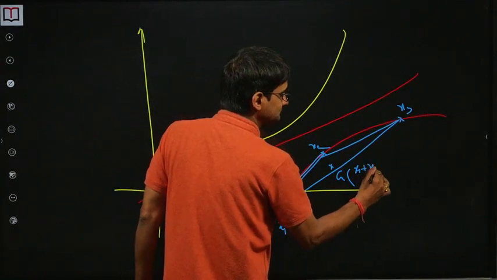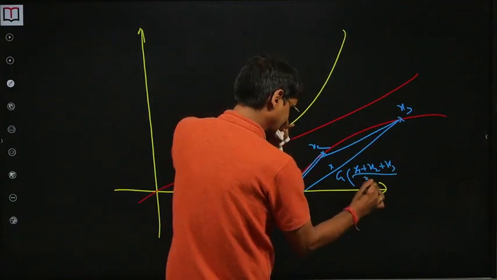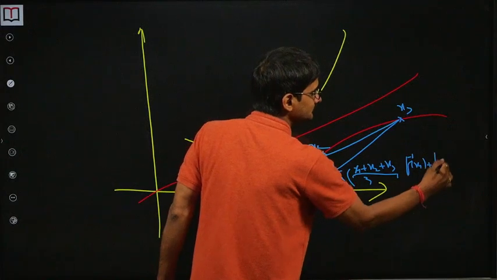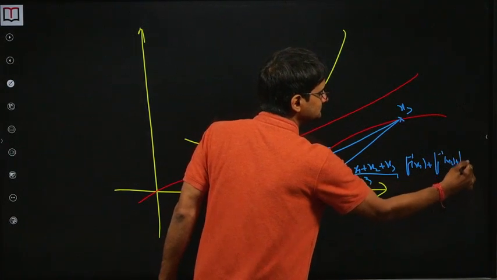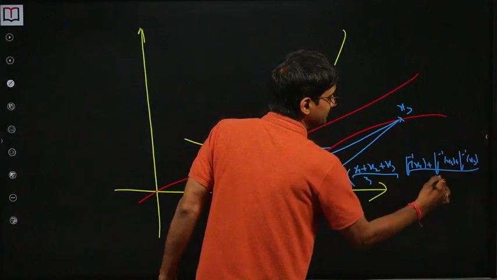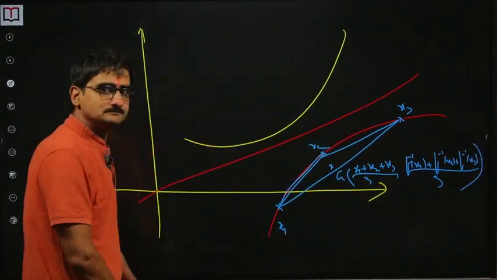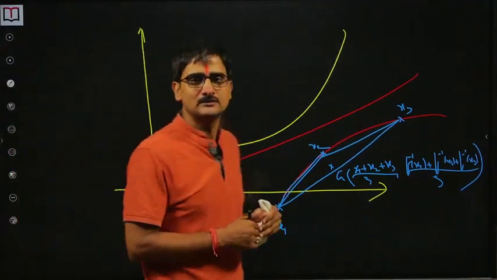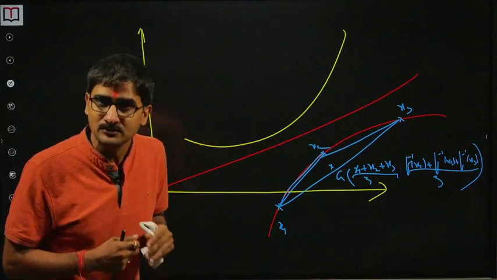Okay, remember that. f inverse x1, f inverse x2. Now see, centroid, since it's an open down curve, centroid will always lie below the curve.